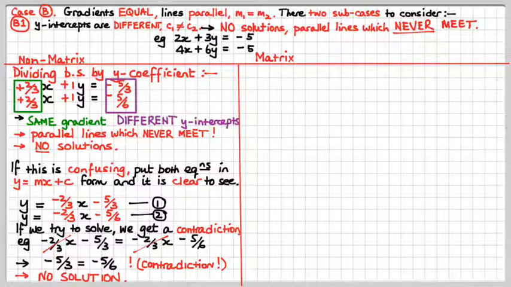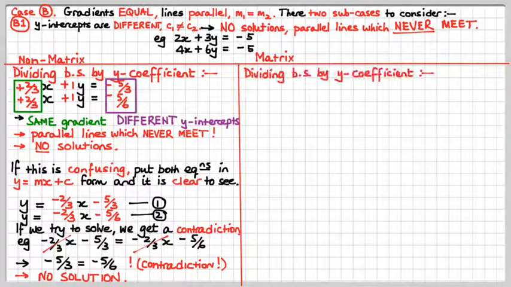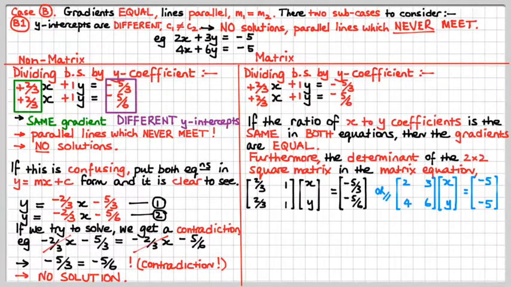Now we'll do the matrix method, okay? Okay, here we go. Dividing both sides by the y coefficient. What do we get? Just having a look at it. Now, what I've told you in the previous screen is if the ratio of the x to the y coefficients is the same in both equations, which it is, then the gradients are equal.